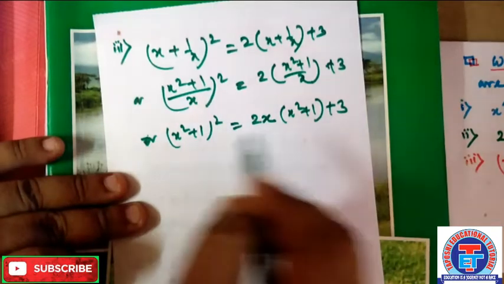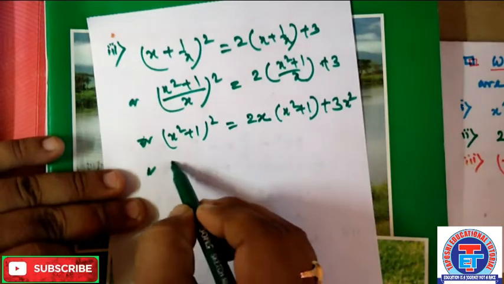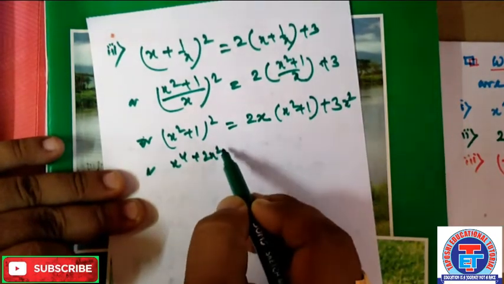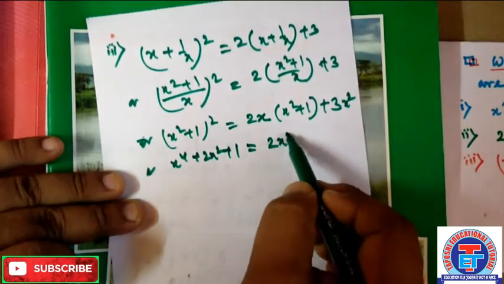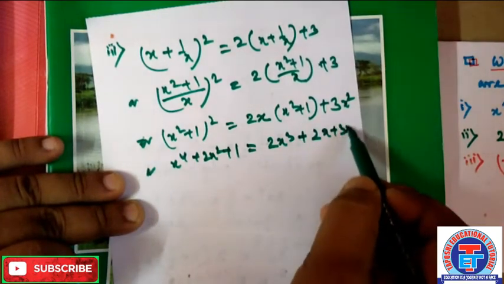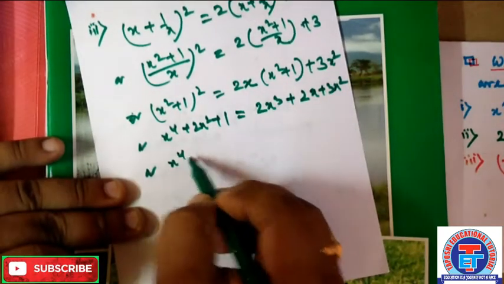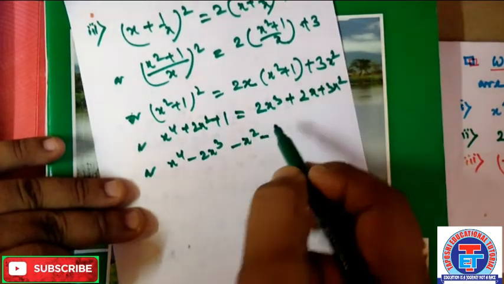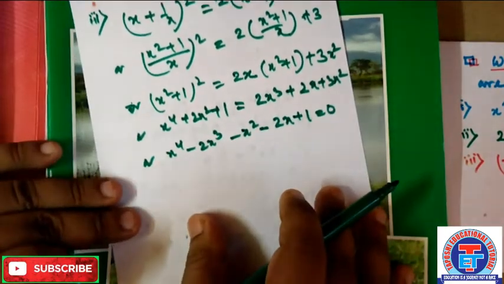Right? Or we can write this one, x to the power 4 plus 2x square plus 1 is equal to 2x cube plus 2x plus 3x square. Right? Or we can write x to the power 4 minus 2x cube minus x square minus 2x plus 1 is equal to 0. Right?